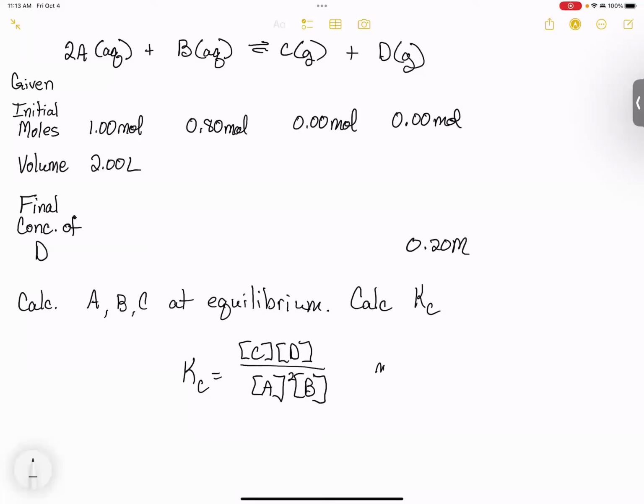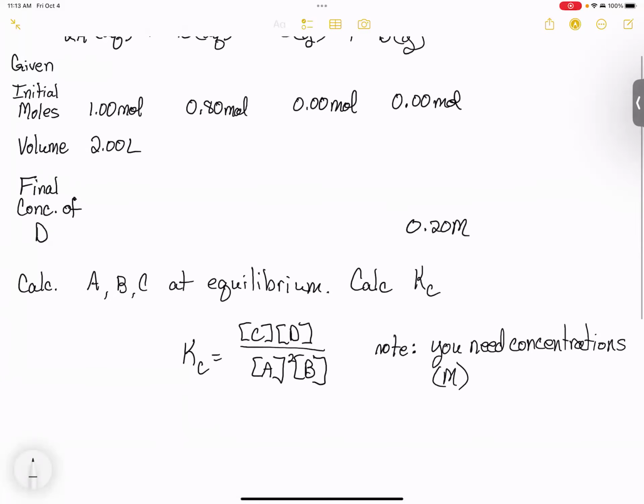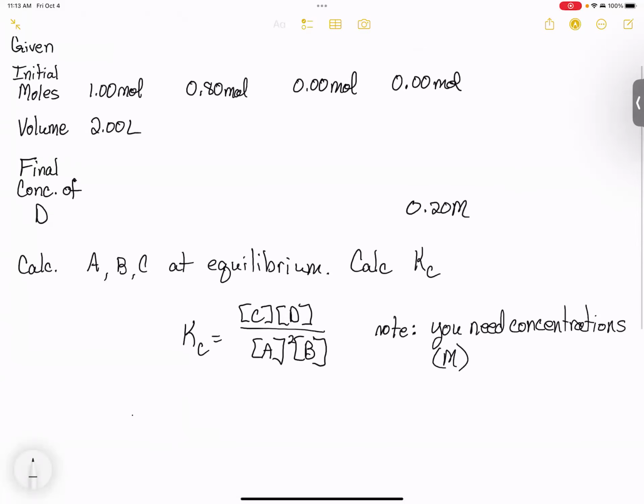Note you need concentrations. Or in other words, we need the molarity of our solutions. We don't need moles. So I'm going to rewrite this equation and we're going to work from there.